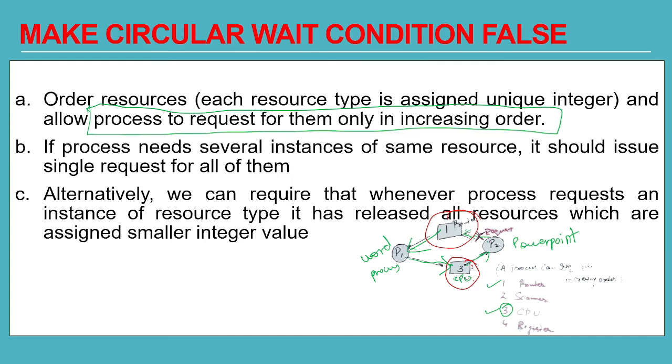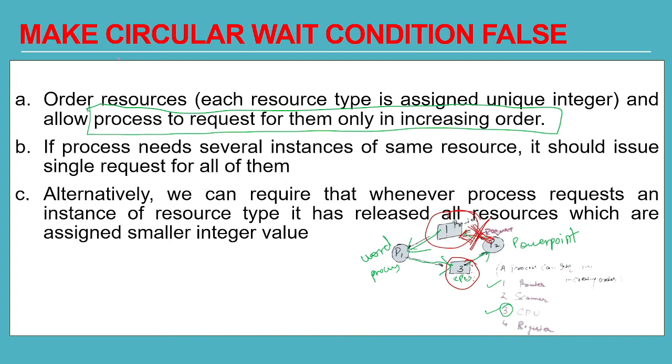So P2 has already taken the CPU, resource number 3, and can only request resource number 4, 5, 6 and so on. It cannot request resource number 1 because it is smaller than 3. This is wrong. So P2 cannot request resource number 1, which does not allow a cycle to form, and circular waiting is avoided.